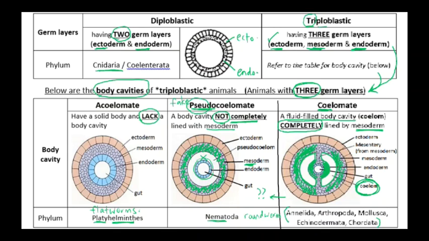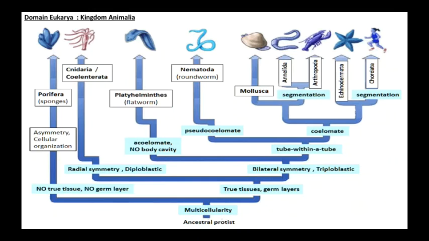Now that you have learned all these terms, we can look at the evolution of Kingdom Animalia. We start with the first one, which is the most primitive animals, which means the least developed animals, and we have the sponges, phylum Porifera. This organism is asymmetrical, like I mentioned earlier.